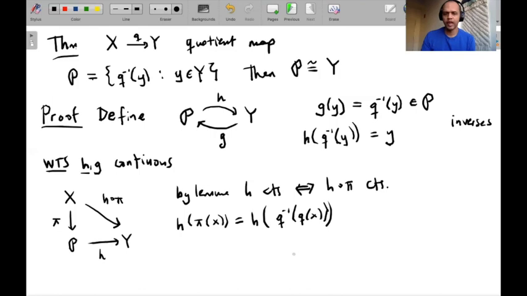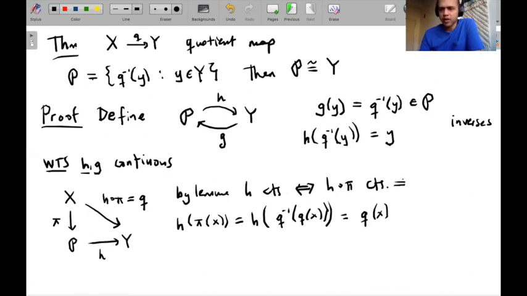Okay. And what does H do to the pre-image of some y? It sends it to that y. So this is Q of x. Okay, so now let's make sense of this. What have we done? We've just shown that H composed pi is Q. And so H composed pi is continuous.